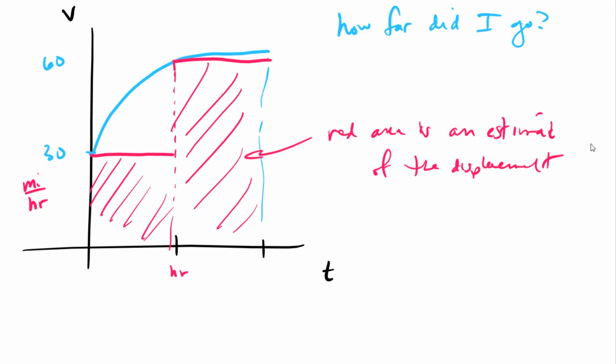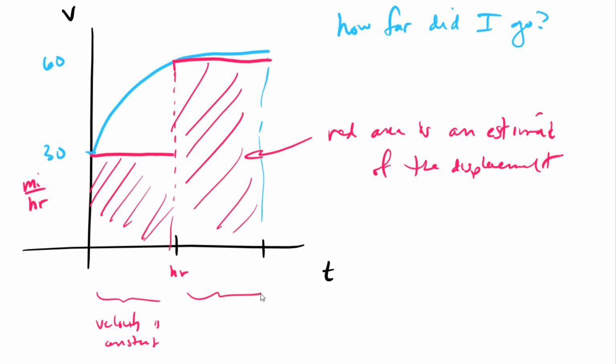Okay? Now I could get a better approximation by making smaller rectangles. And the more rectangles I have, the better approximation I'm going to get. So essentially what I'm doing is I'm pretending that on this little chunk right here, that velocity is constant.